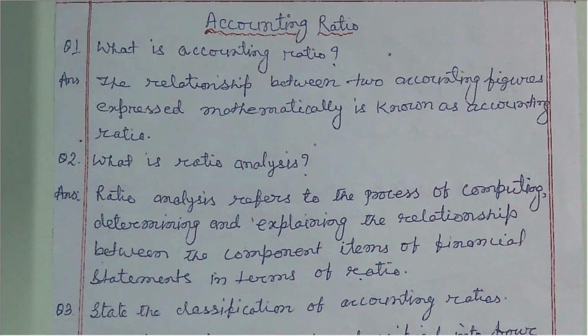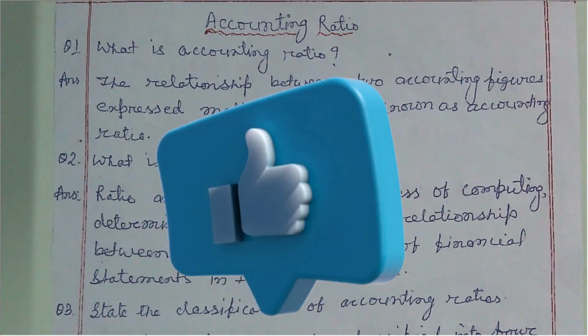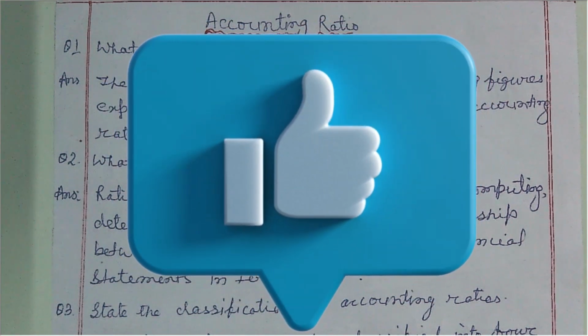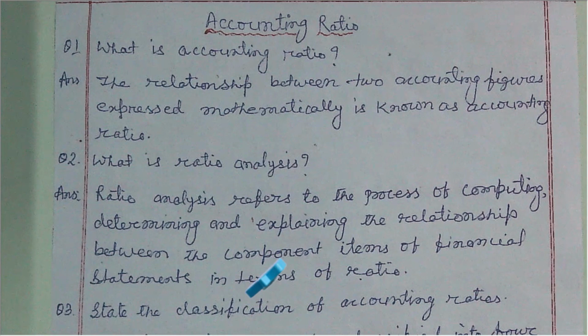So what is accounting ratio? We can say it in a different way. If ratios are computed on the basis of accounting information, these are called accounting ratios. That is, using the accounting information, accounting ratios are calculated, and accounting information we get from the profit and loss account and balance sheets.